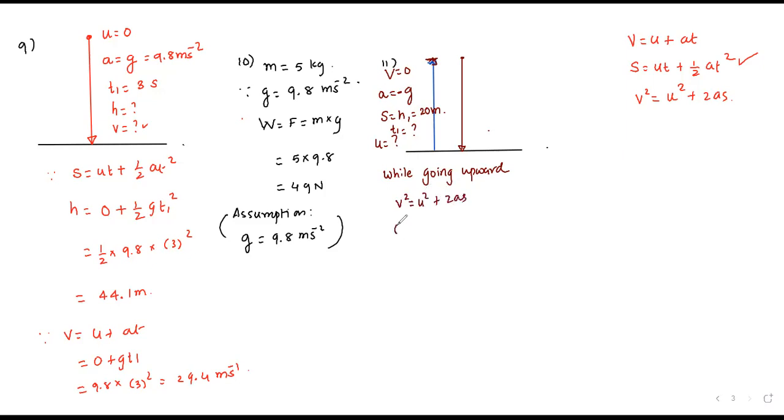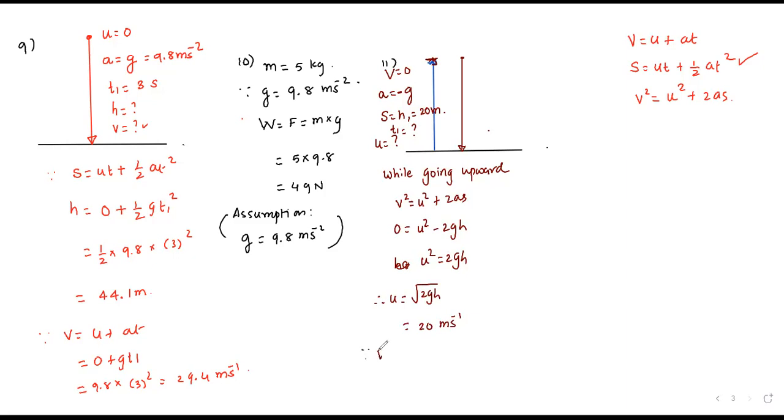This is 0 is equal to u square minus 2gh. H is here, u square is equal to 2gh. u is equal to root of 2gh. The values you substitute, you will get u as 20 meter per second. It is 20 meter per second.